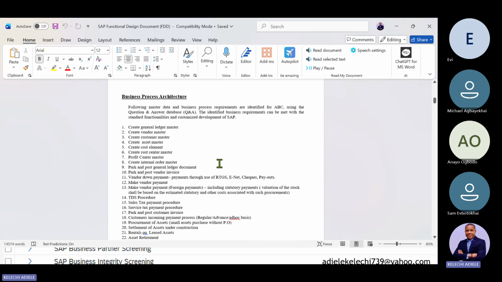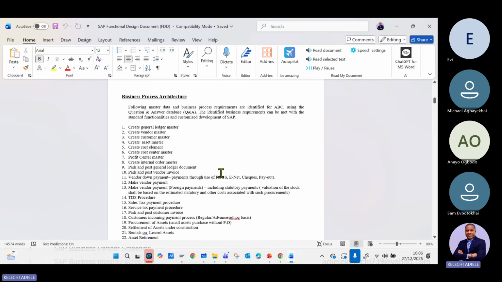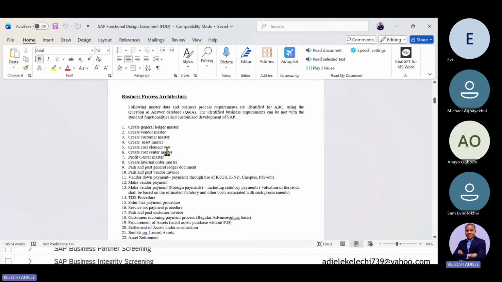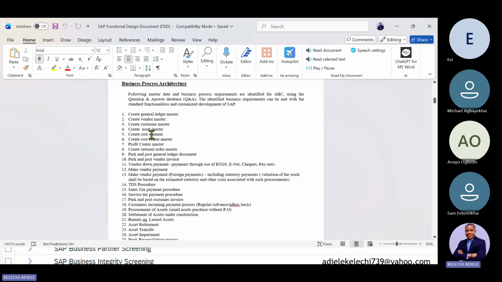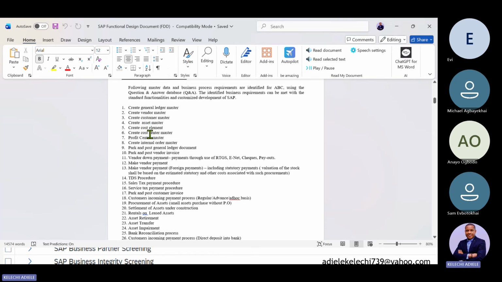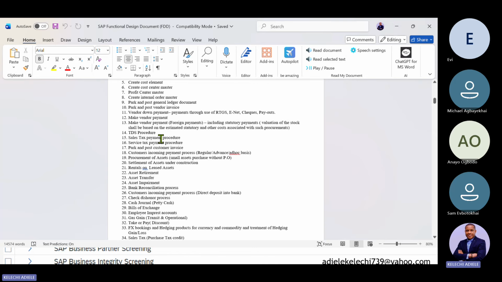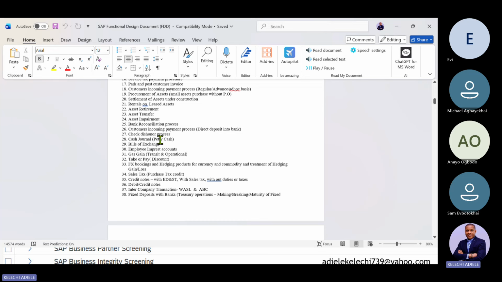And of course, we have the business process architecture, all the business processes. Remember, we said that configuration is aligning business processes and structure to SAP structure. So these are all the business process structures that the company currently has. So we will replicate all these in SAP.